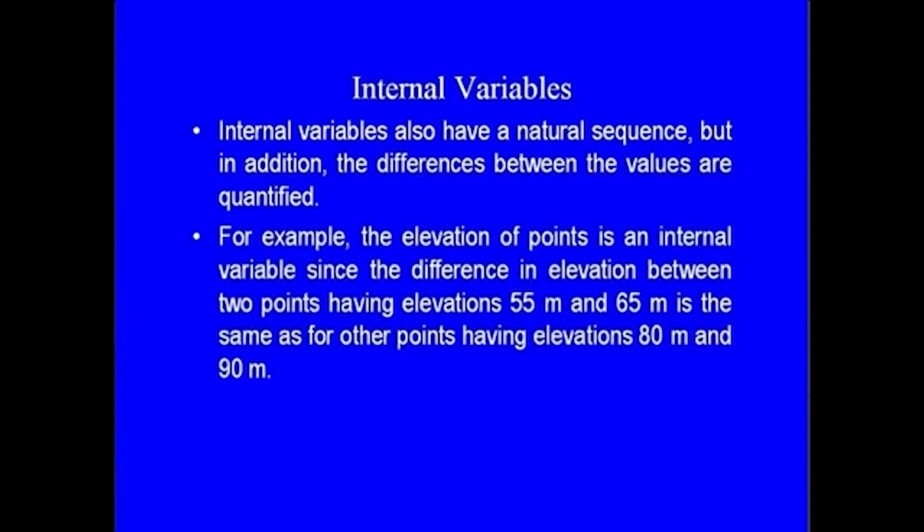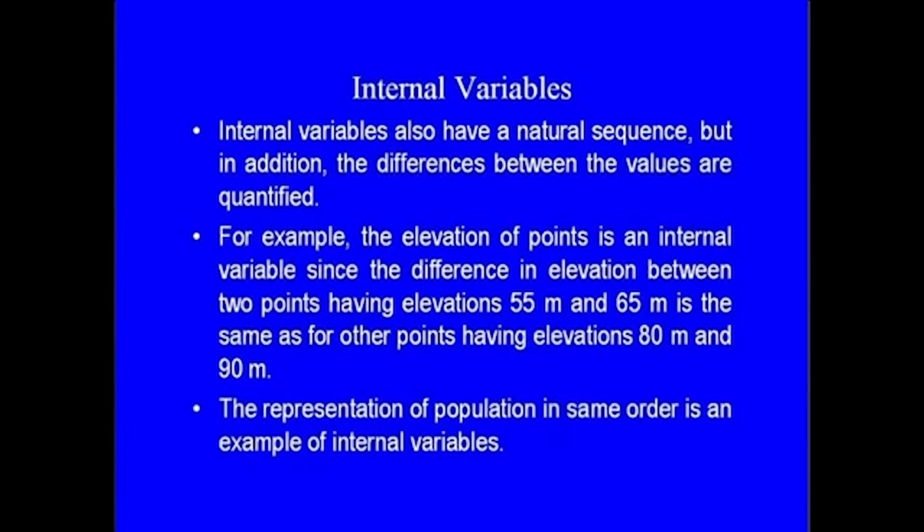For example, the elevation of points is an interval variable, since the difference in elevation between 2 points having elevation 55 meters and 65 meters is the same for other points having elevations of 80 meters and 90 meters. The representation of the population in the same order is an example of interval variables.